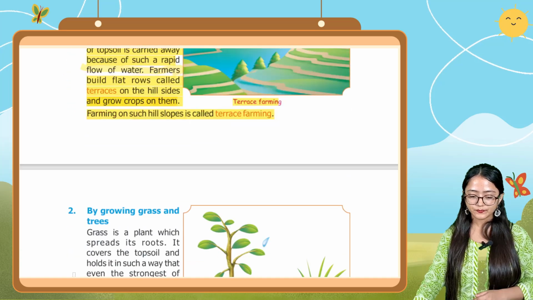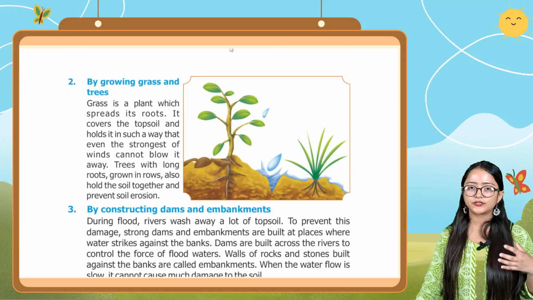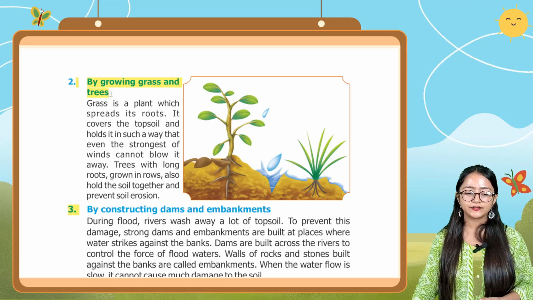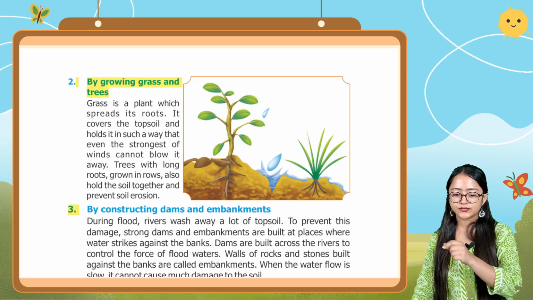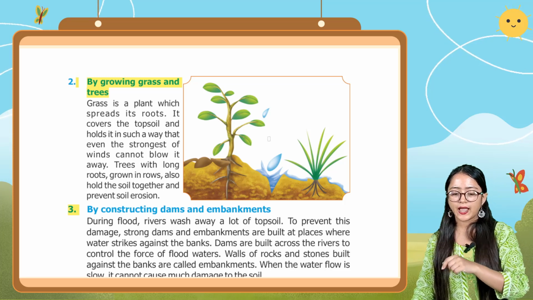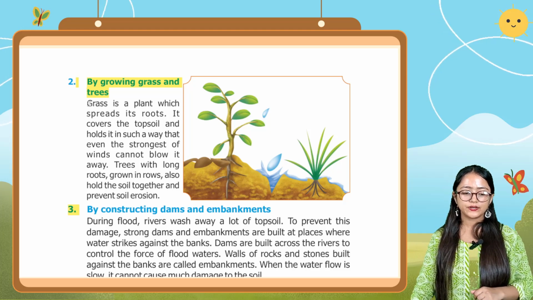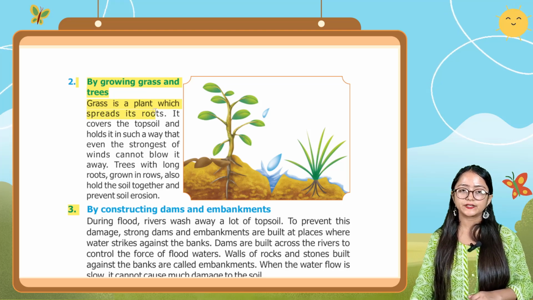Okay, now another way by which you can prevent soil erosion is by growing grass and trees. Here you can see the seeds are sowed, and the plants are growing over this soily area. So it is saying grass is a plant which spreads its roots.